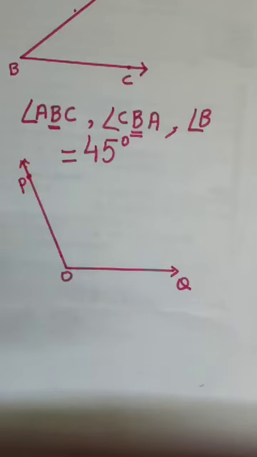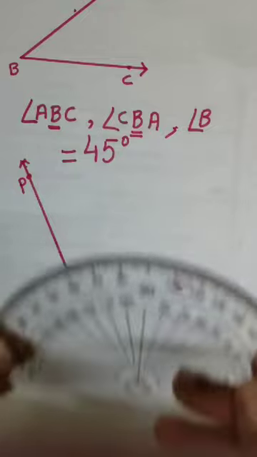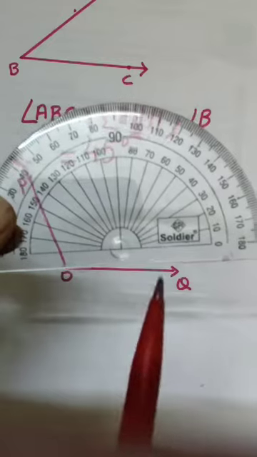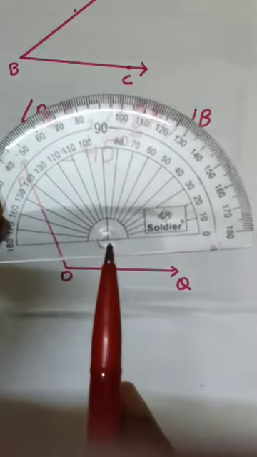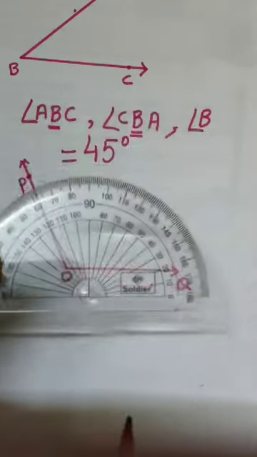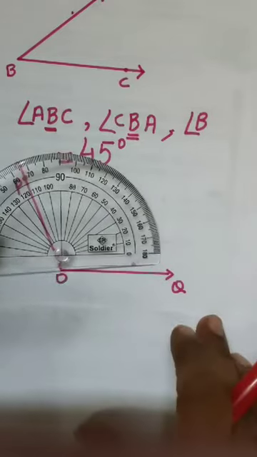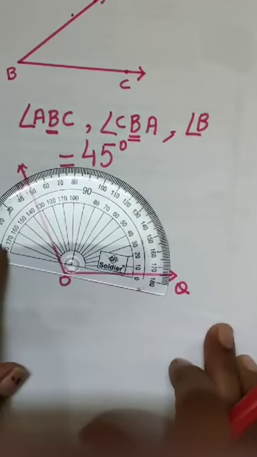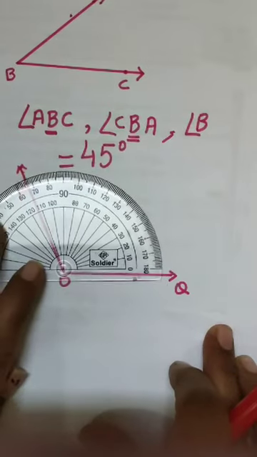See, one more angle I have made. This is angle POQ. Now we have to measure this angle. Again, keep the center point of the protractor on the O, on the vertex of the angle. Vertex you all know.